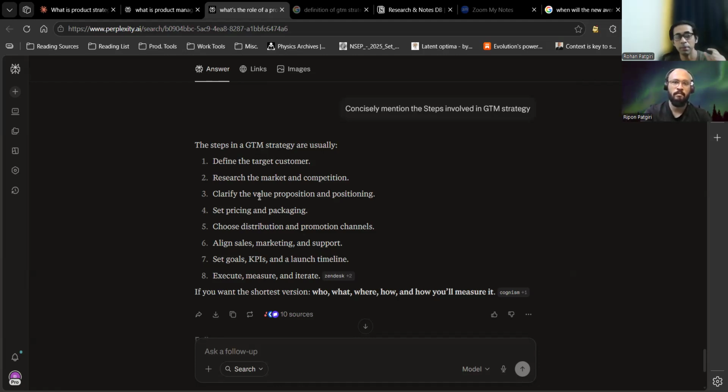If the product team has built a product based on a certain target customer and a certain market, but they are not able to communicate this to the GTM team, and the GTM team comes up with a different target customer and a different market, and they are now launching this product to a different market, this will cause a mismatch, and the product launch will not be successful. So that's why the communication between the teams must be good, so that this kind of misalignment doesn't occur.